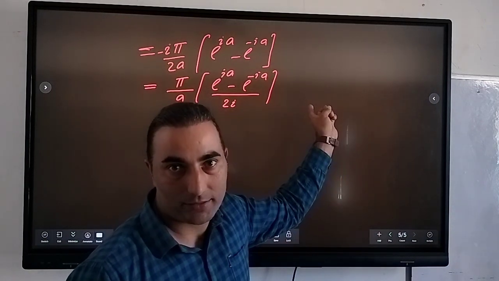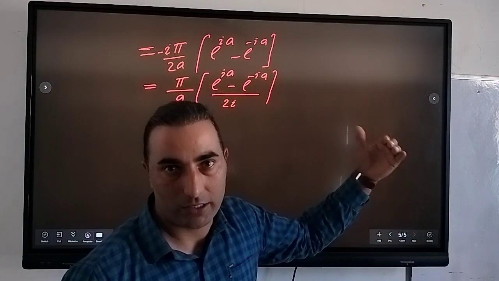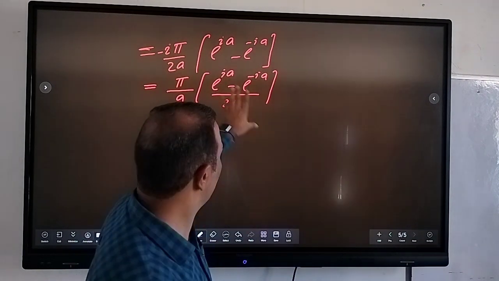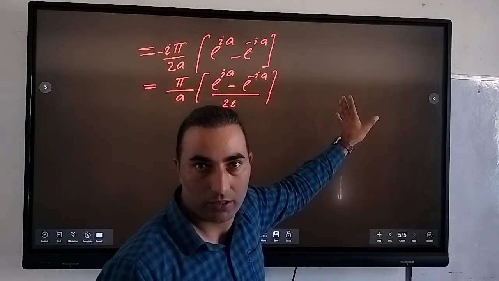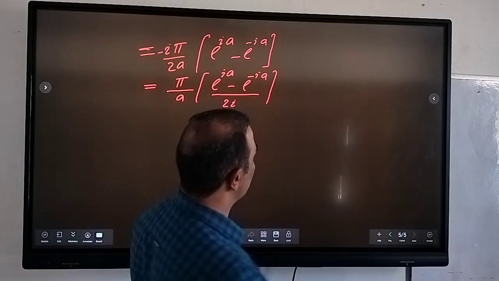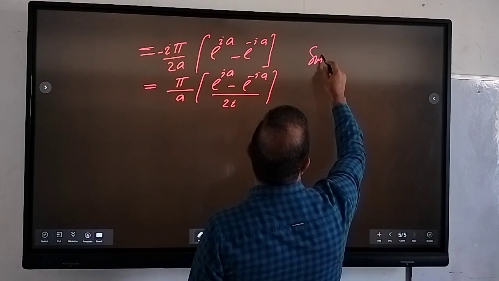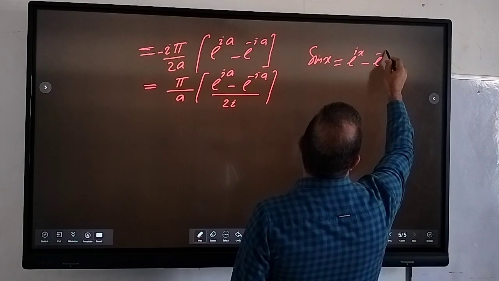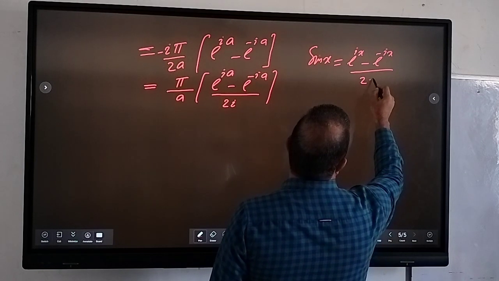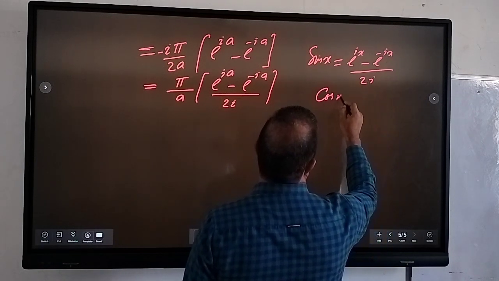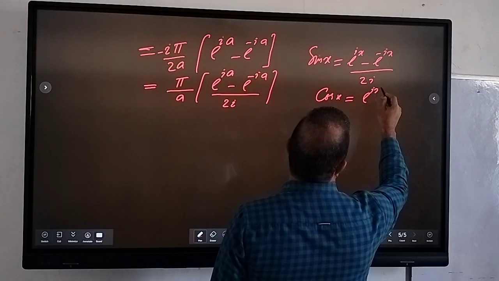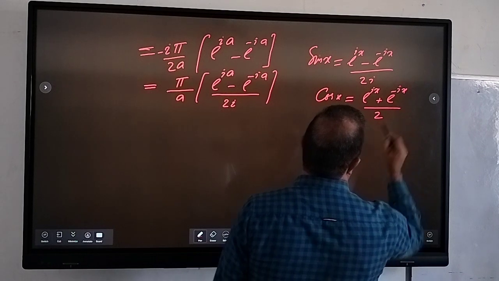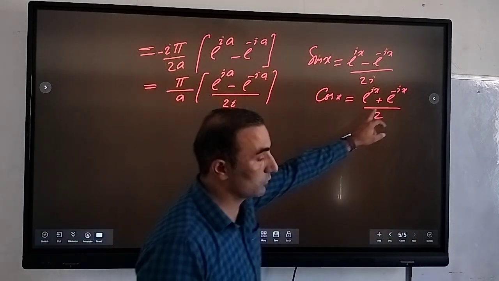Because we have minus iota in the numerator, so it will become plus iota in the denominator. And in this term you can write 2 iota inside that bracket, and we have this term. So this is simply the sine term, sine of x, because sine of x equals e power iota x ... and cos of x equals ... right? So you can check that, whether it is plus or minus.